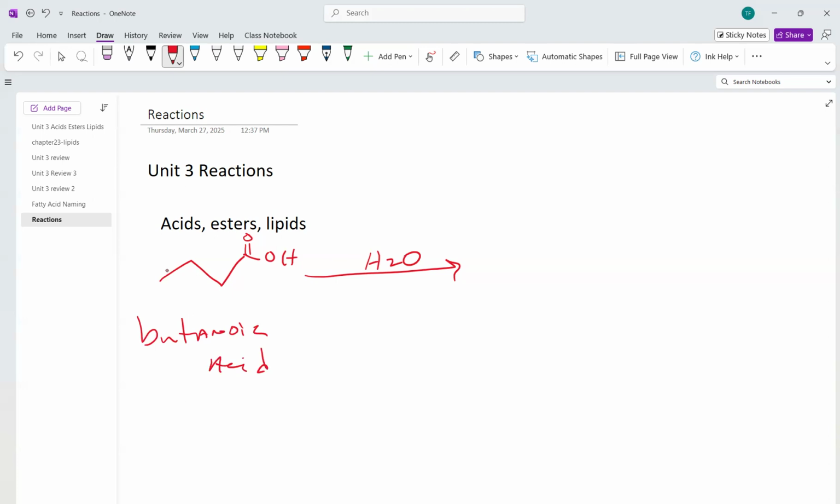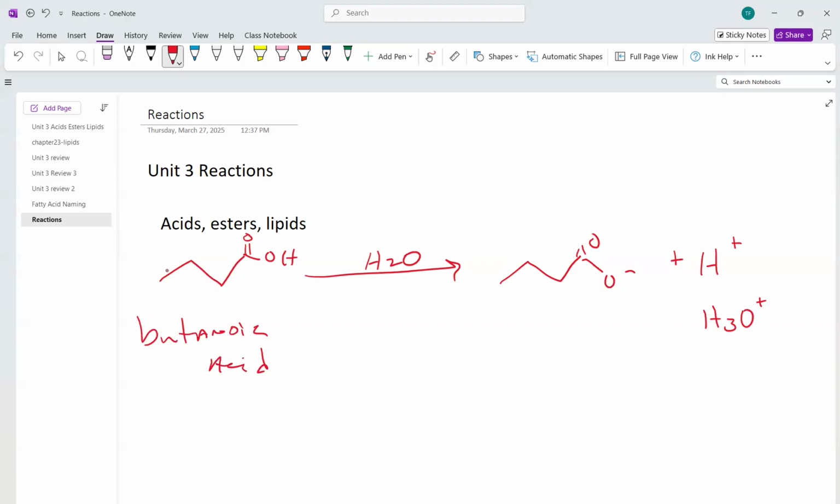So what happens when you throw any acid in water, whether it's a strong acid like hydrochloric or nitric, or a weak acid like butanoic acid, it's going to dissociate. That means, now in some books, they'll say it isn't H plus, it's really H3O plus. That's called the hydronium ion. All that means is the H plus hooked up with a water molecule. Okay, so that's pretty standard.